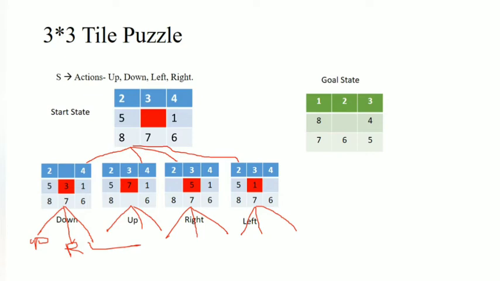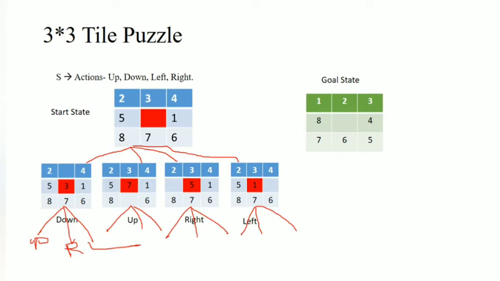Now, considering the down action and its resultant state, let us see what intermediate states we can generate from that. From here tile 3 can be moved up, tile 4 can be moved left, and tile 2 can be moved right. But the down action is not done.